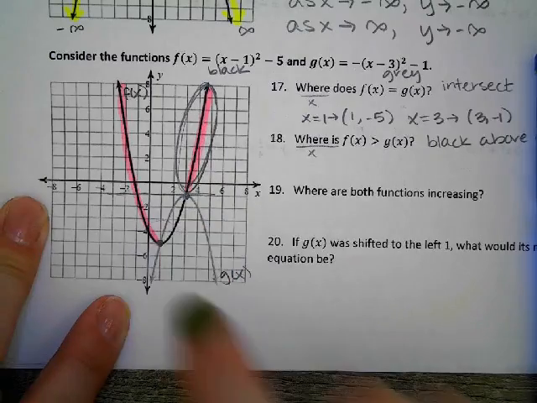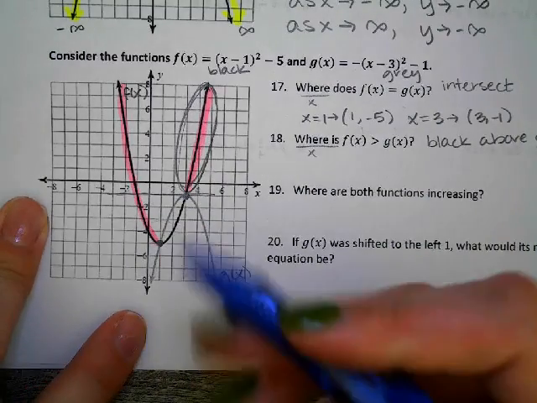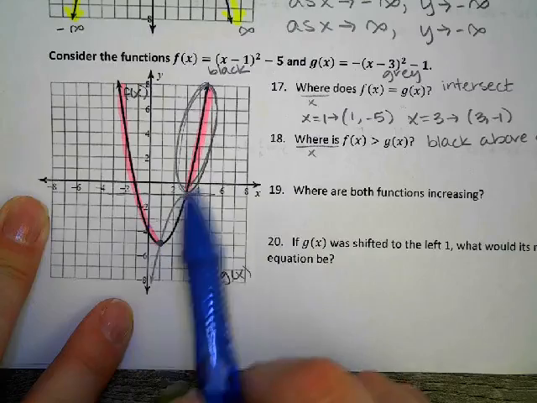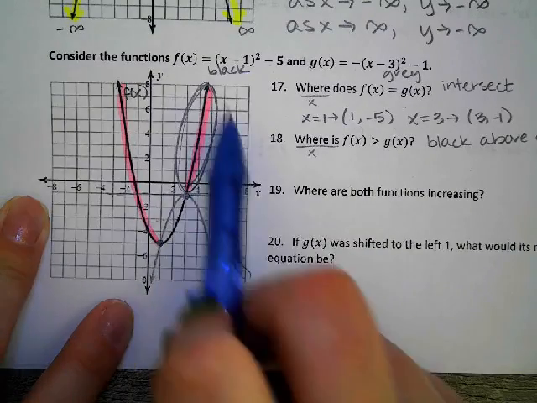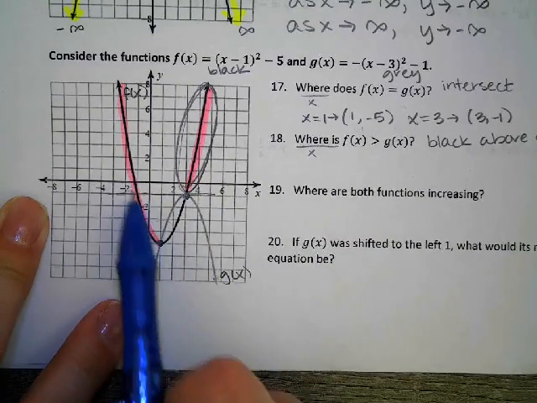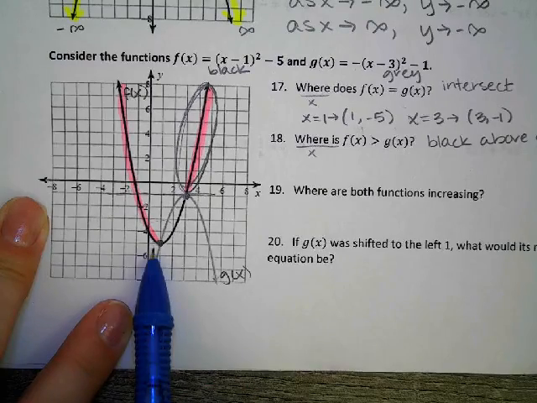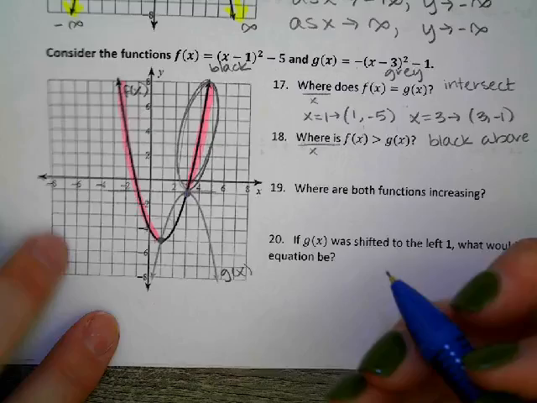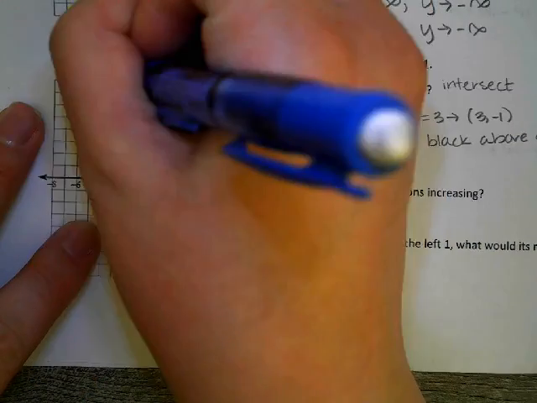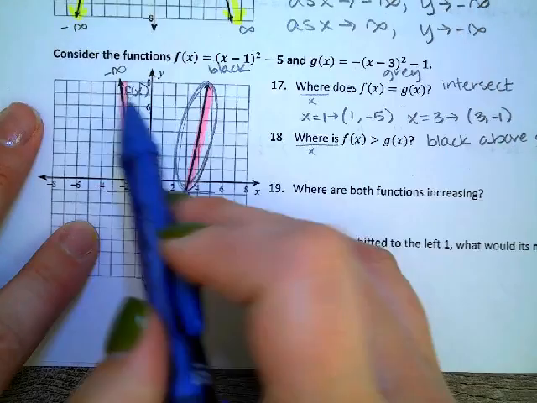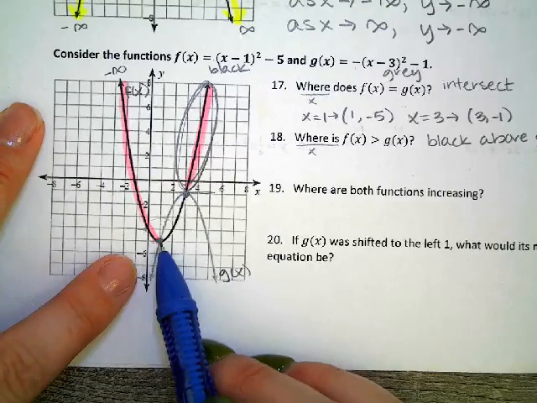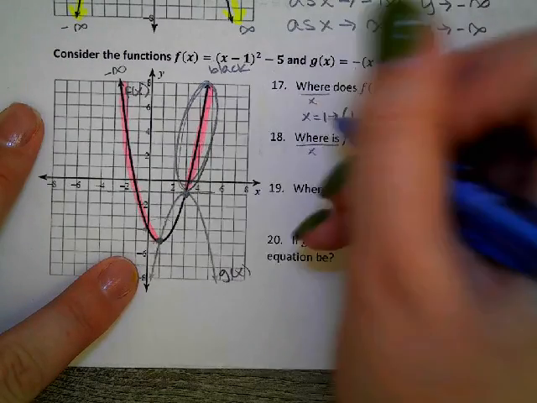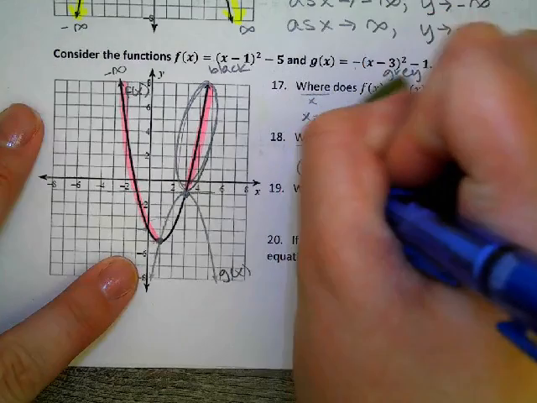All right, so the black is above the gray. This whole part, obviously this whole part, but also down here, the black is above the gray because the gray is beneath. So we're going to say the black is above the gray from -∞ to an x value of 1. Now we have to think about if this should be a bracket or parenthesis.